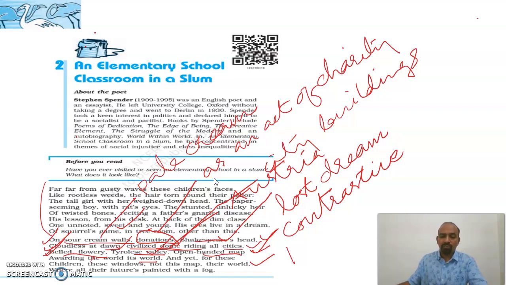And yet for these children, these windows, not this map, their world. Now let us visit the classroom where the poet describes several donations that are kept on their walls. Let us go there, watch and come back to the poem.